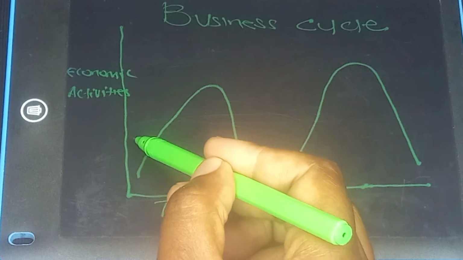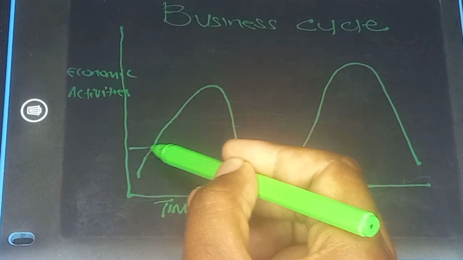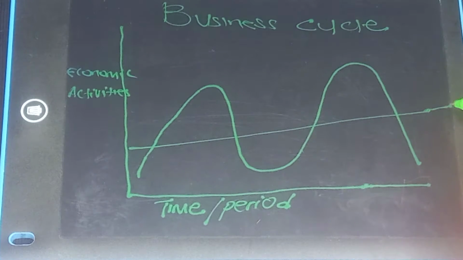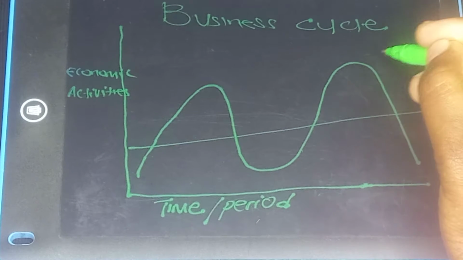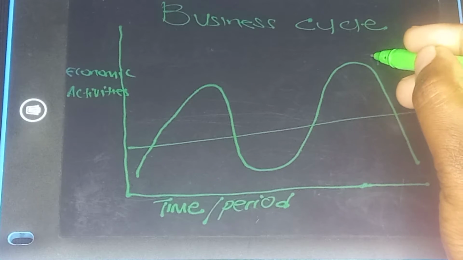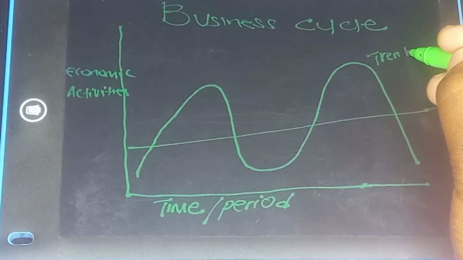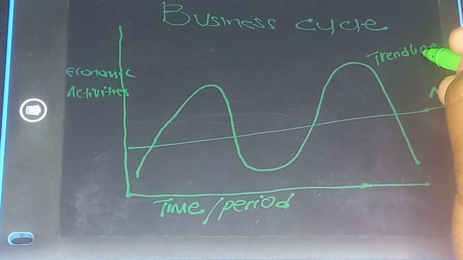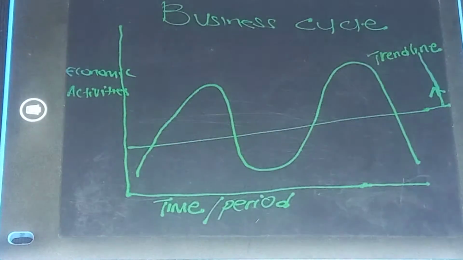Very important feature that we have to add. This feature is very important, and we call this feature a trend line.